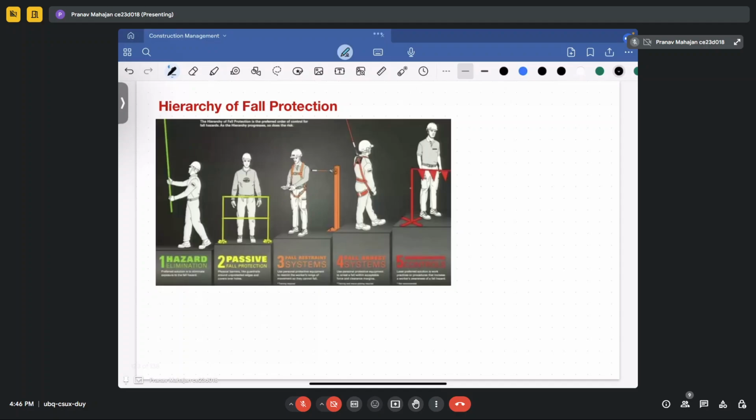Okay. The fourth is the fall arrest system, and the fifth is controlling all such activities to be carried out to reduce the accidents due to falls from various heights.